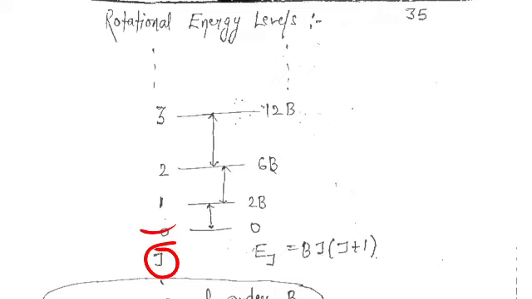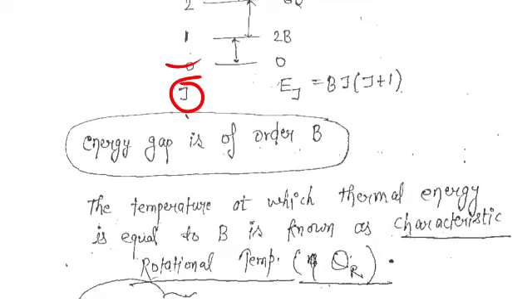So these energy differences are multiples of B: 2B, 4B, 6B. So the energy gap is of the order of B.